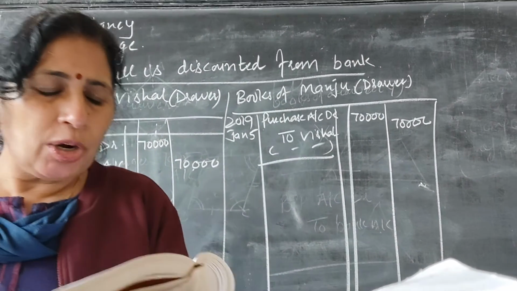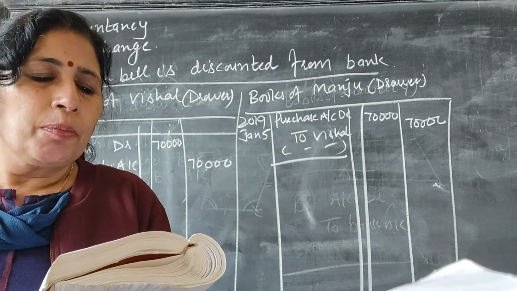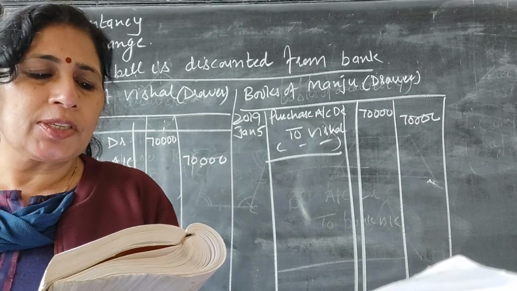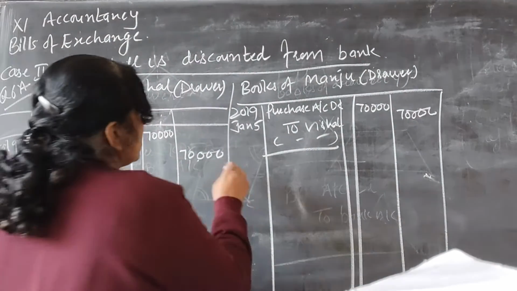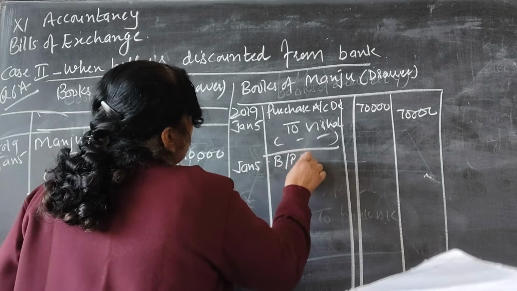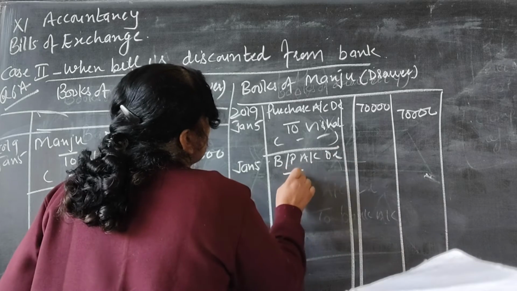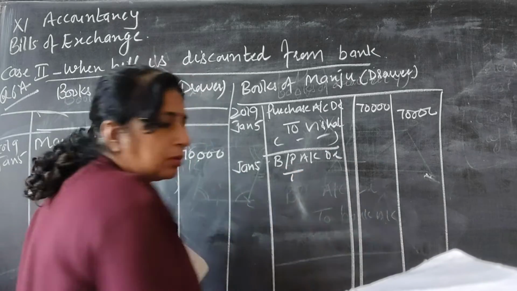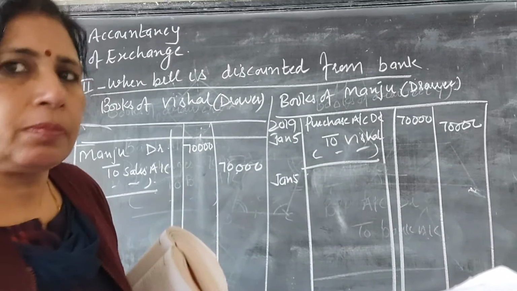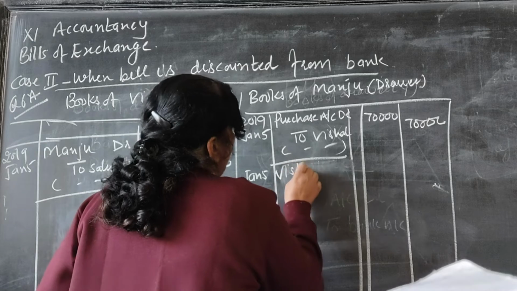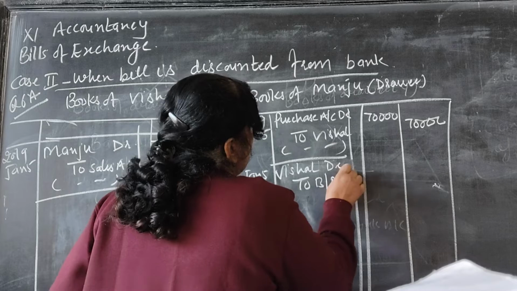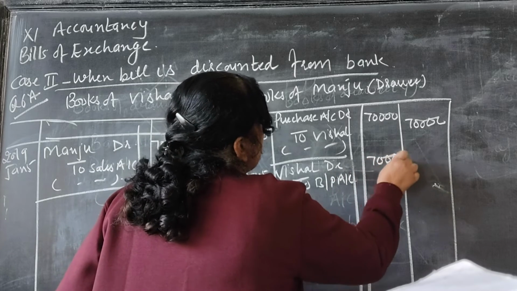Now we have to see for how much time the bill is written. The bill is payable after 2 months. Manju accepted Vishal's draft and handed over the same to Vishal after acceptance. See, the acceptance entry in the books of Manju: bills payable account debit, Vishal debit to bills payable account, for rupees 70,000.